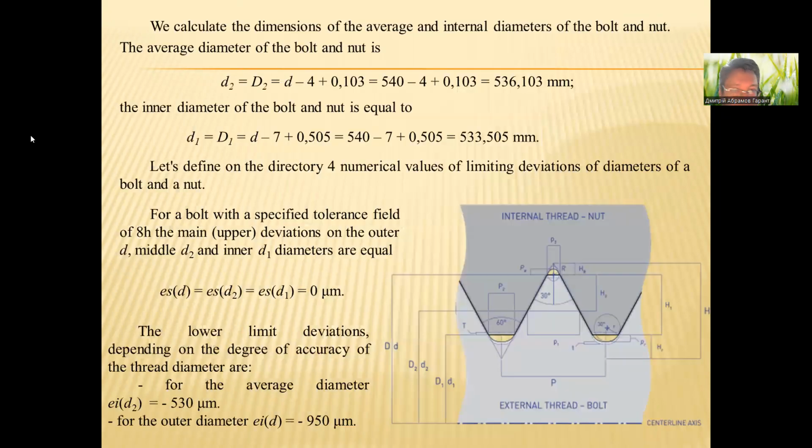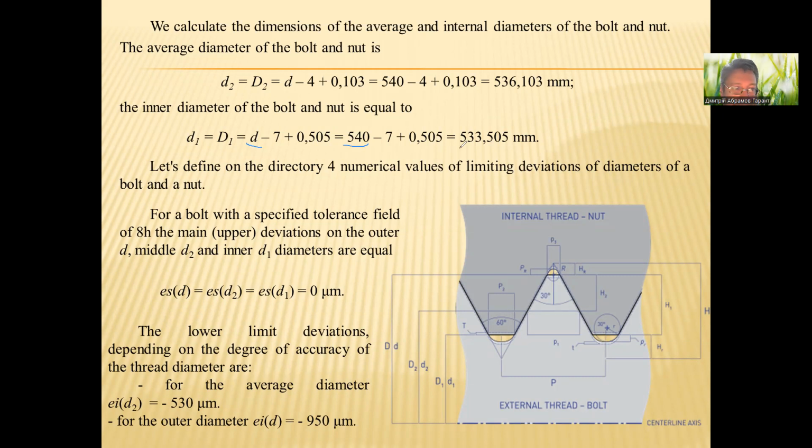So, outer diameter D is 540 minus 7 plus 0.505, and we have 533.505 millimeters.